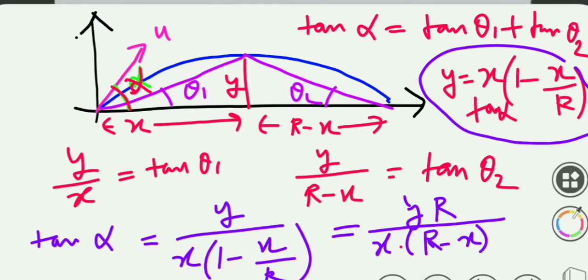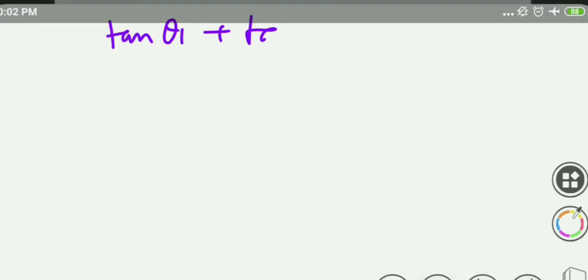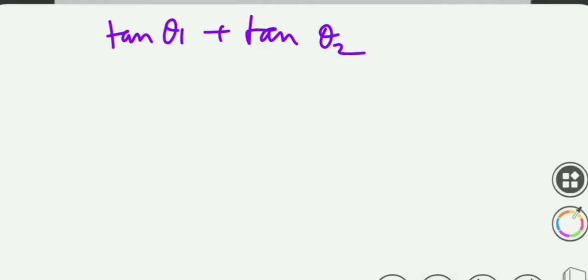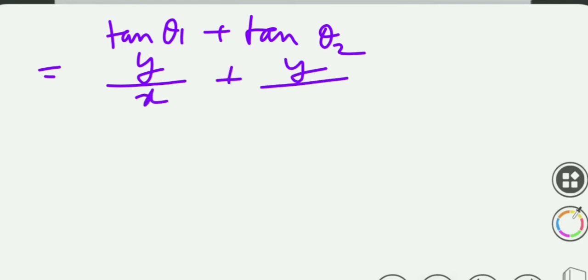Now let's add this up. Tan theta 1 plus tan theta 2 is equal to y by x plus y by R minus x.